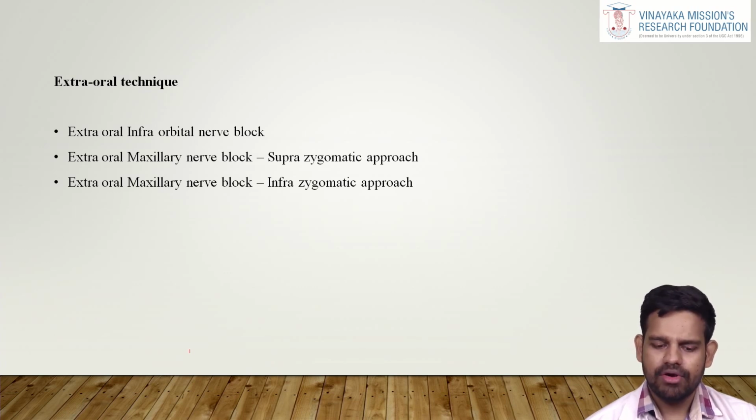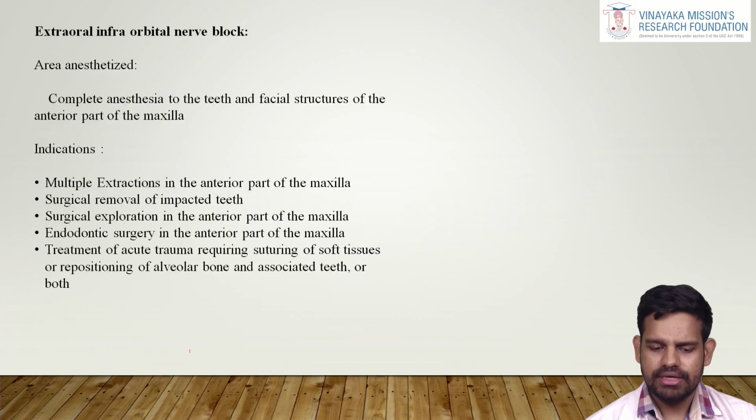The extraoral infraorbital nerve block or the extraoral maxillary nerve block, these two techniques are given extraorally. With the extraoral infraorbital nerve block, the area anesthetized is the complete anesthesia of the teeth and facial structures of the anterior part of the maxilla.